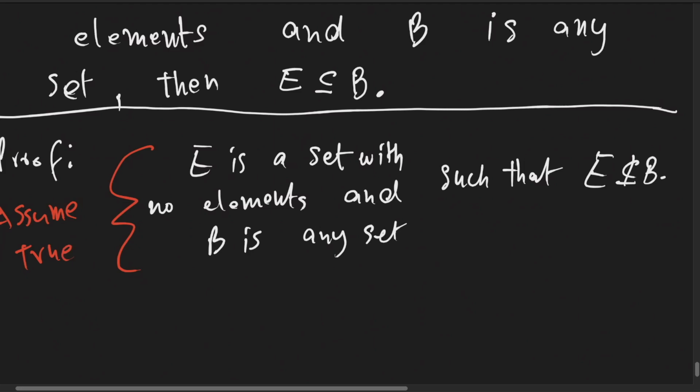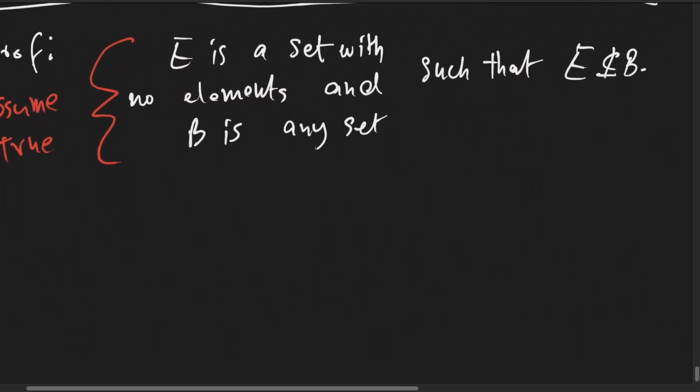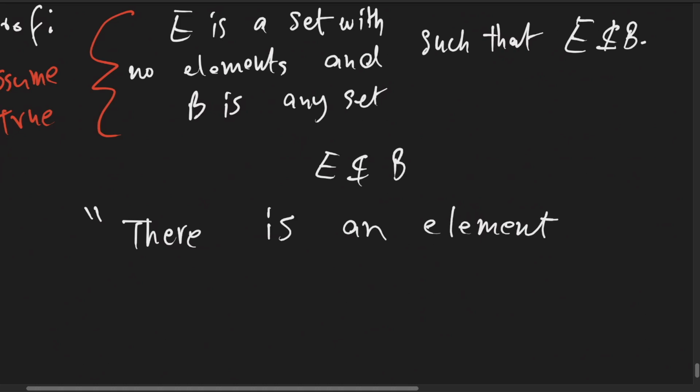So E is a set with no elements, and B is any set such that E is not a subset of B. Saying that E is not a subset of B is the same as saying that there is an element in E that is not in B.